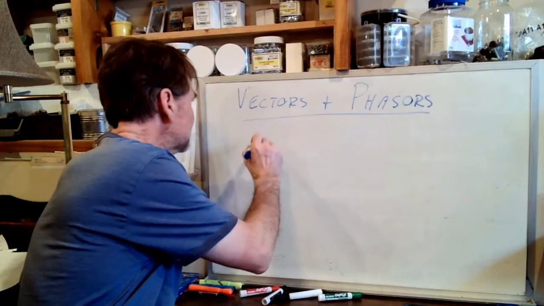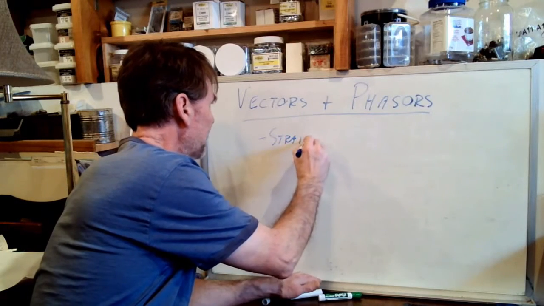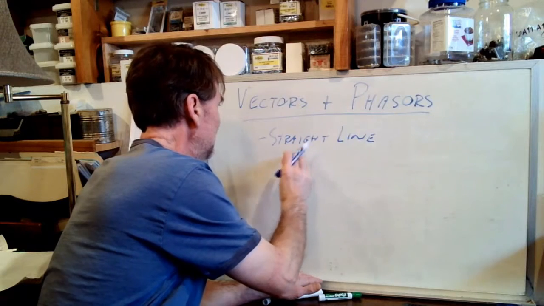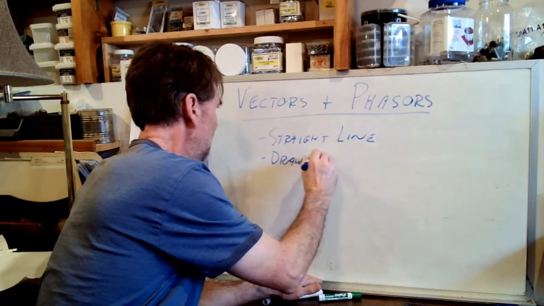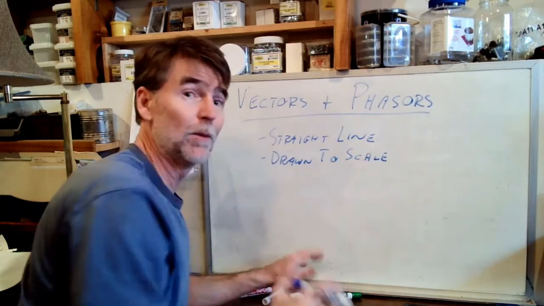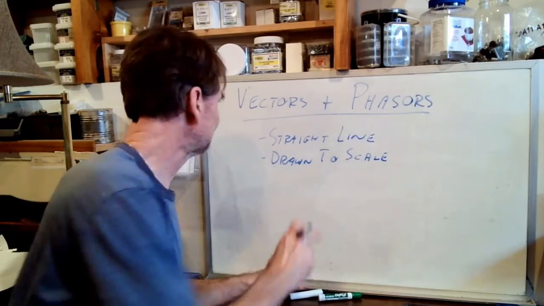What is a vector? A vector is a straight line. It is drawn to scale. Although I will apologize because I'm going to be doing everything freehand, so don't hold me to that.